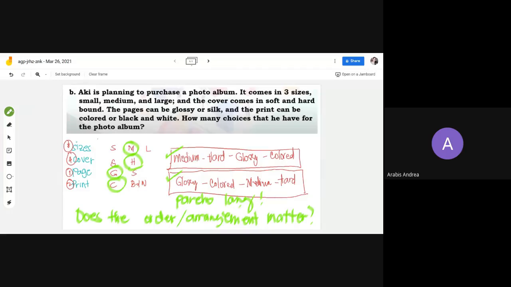No. Definitely no. They are the same. Pareho lang sila. Ibig sabihin, whether alin dyan ang mauna sa kanila, magbali-baliktad man yung arrangement nila, still, they will produce one product. The product is still the same. Meaning, the order doesn't matter in this situation.